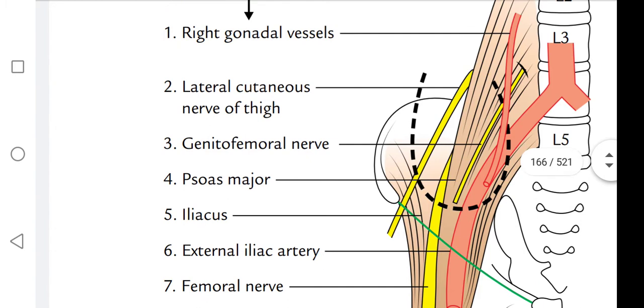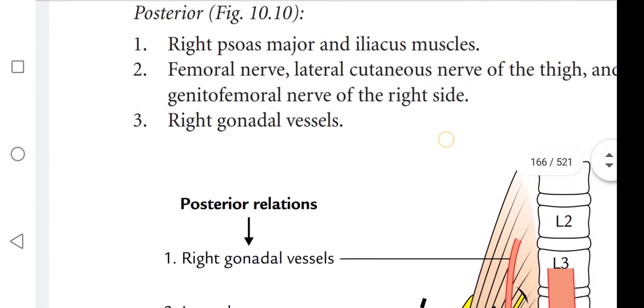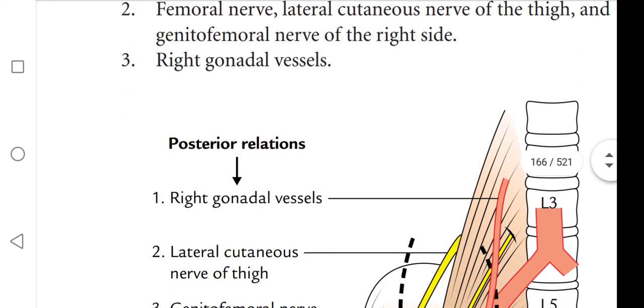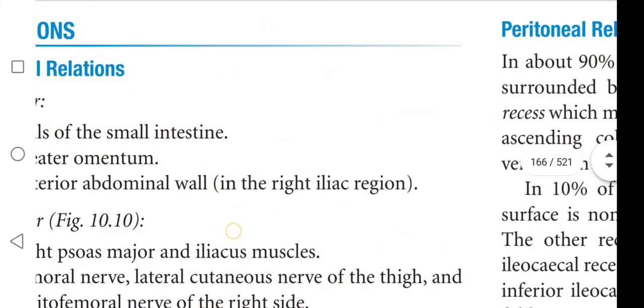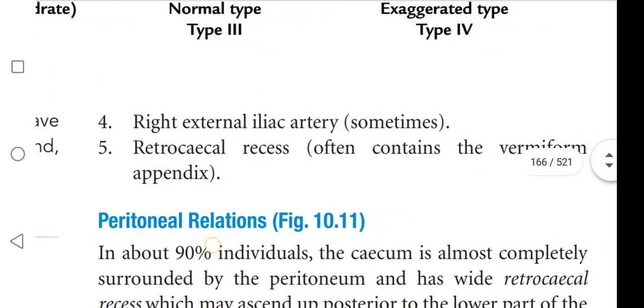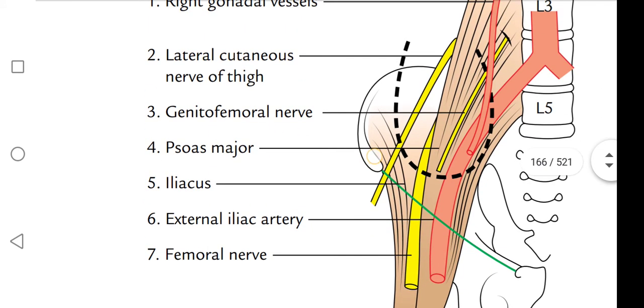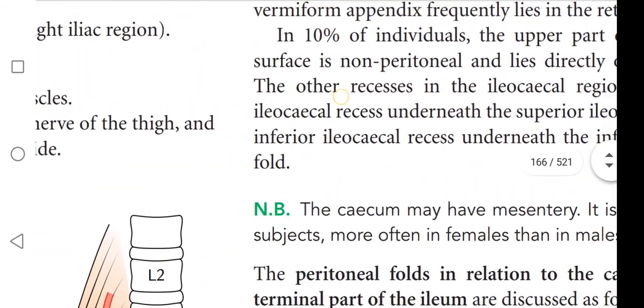Next are the right gonadal vessels, which you can see clearly here. And next is the right external iliac artery. It may be present only sometimes, so we check whether it is present or not. You may see it here.